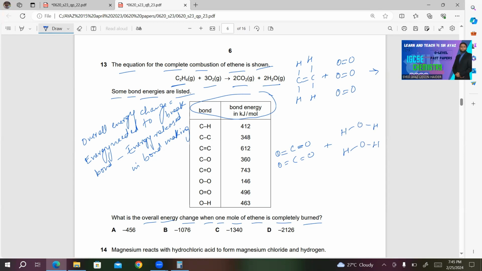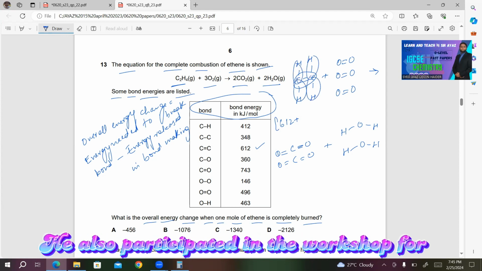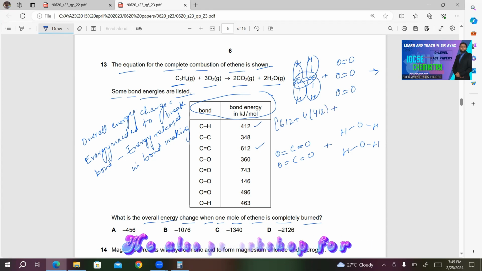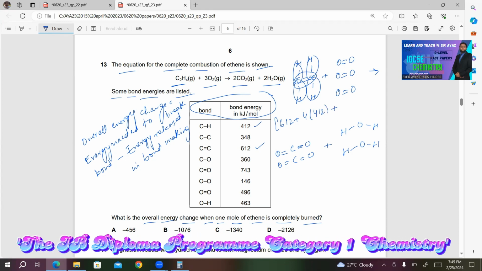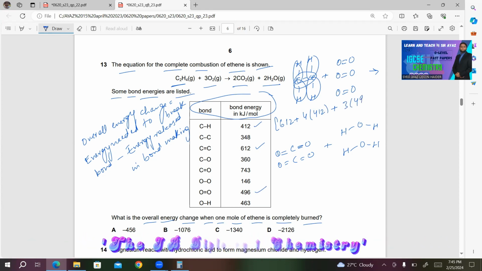Now we have 1 C double bond C. So 612, plus we have 4 CH bonds: 1, 2, 3, 4. So we will multiply 4 by 412. Plus we have 3 O double bond O. So we will multiply 3 by 496.